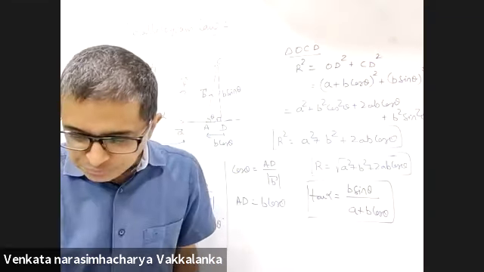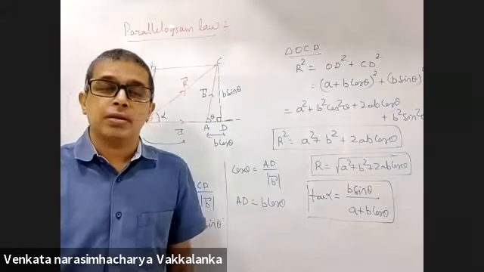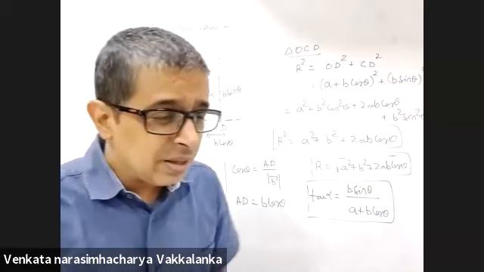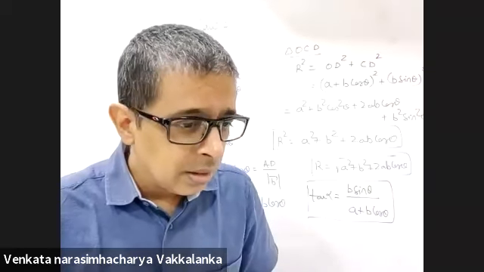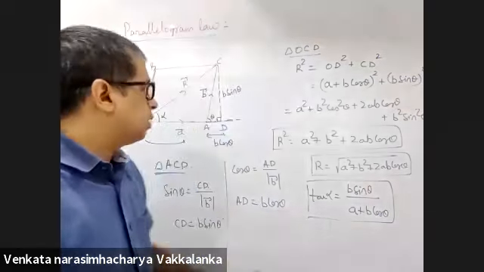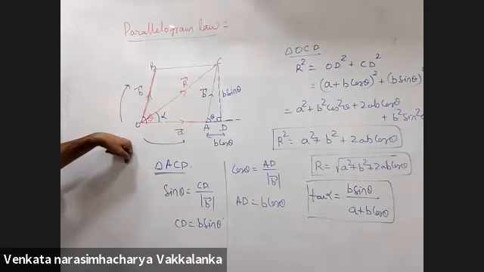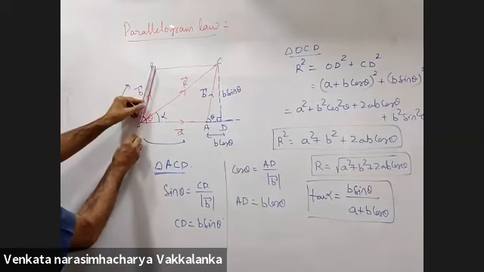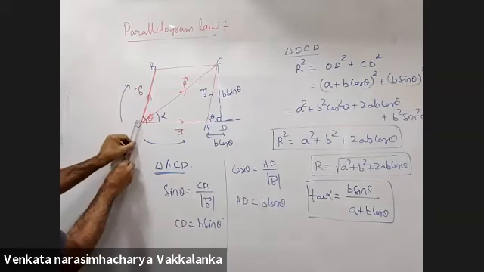Sir, can we subtract the two vectors using this parallelogram law? Yes, reverse B and take the resultant, which will be taught in the next class. This is B. Now I will reverse B this way.